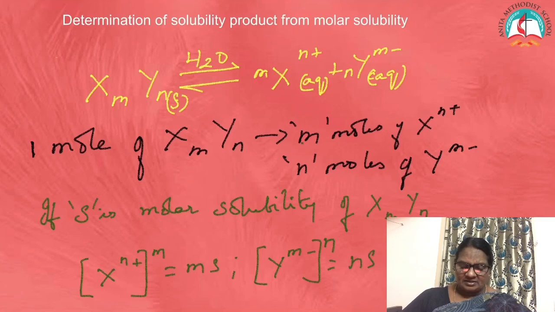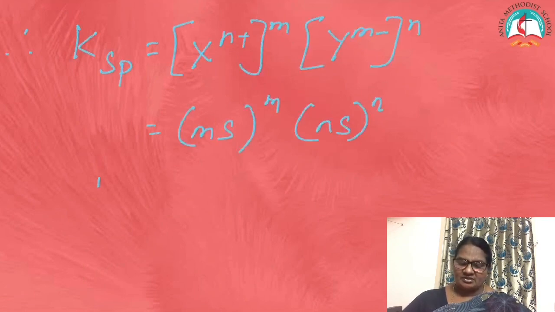X to the power n plus is mS, and Y to the power m minus is nS. Let's substitute them in the solubility product equation.